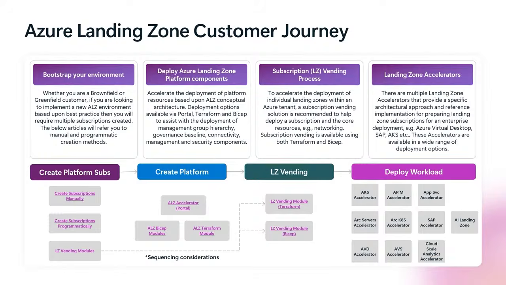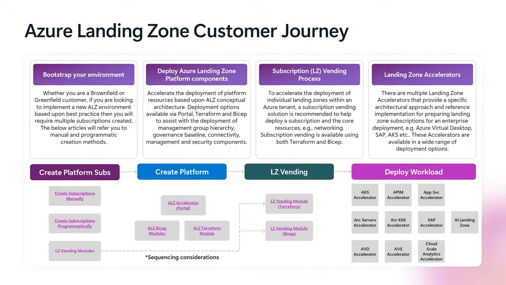Bicep, or Terraform accelerator. And then following that, you set up a subscription vending process or a landing zone vending process so that whenever an application or a workload team comes to ask you to deploy an application, you can basically vend them the landing zone and create that landing zone for them using our landing zone modules for Bicep and Terraform.